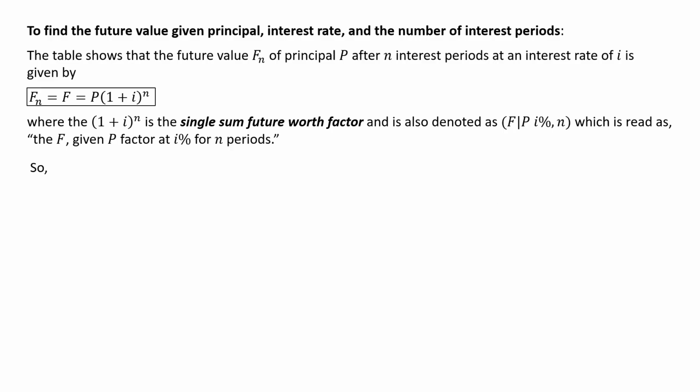Okay. Now, the idea there being, you can say the future value F is nothing but P times this single sum future worth factor, F given P, i%, n. So you just multiply the present value by this factor and it's done.